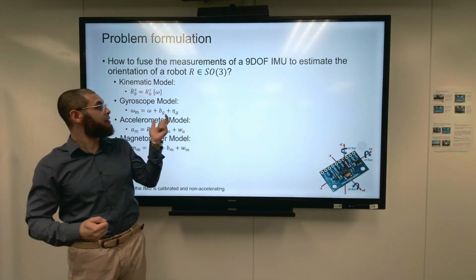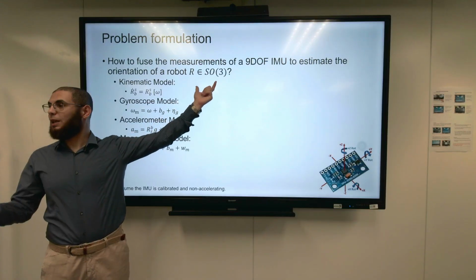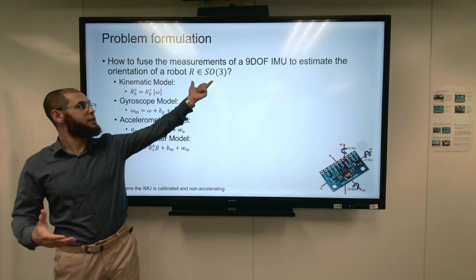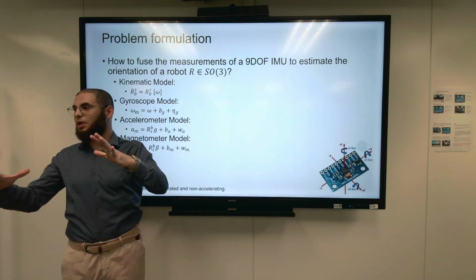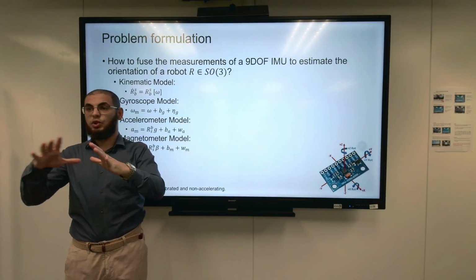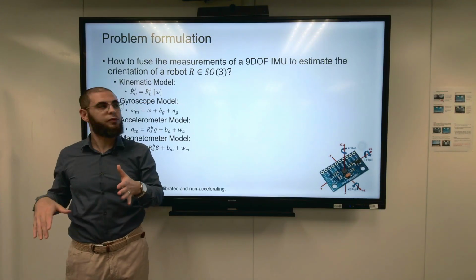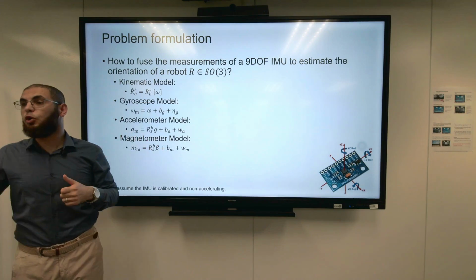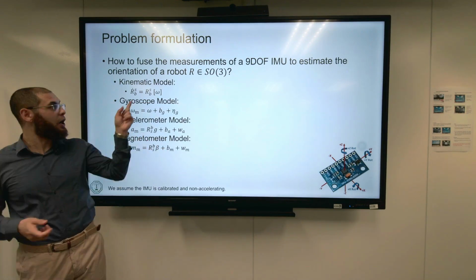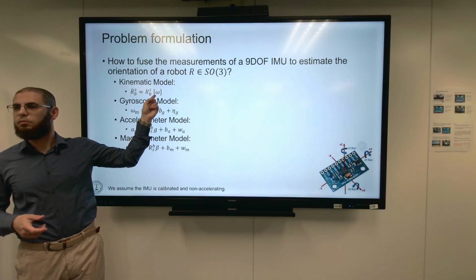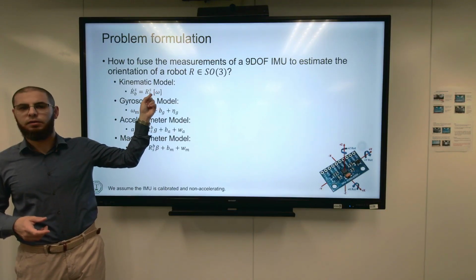We want to estimate the R. You all know that. Remember, we said it's a special orthogonal group. It was a 3x3 matrix, and you cannot independently choose all of the 9 numbers. They have constraints and so on. And the equation of motion of how R is related to the omega. You remember what the omega was?